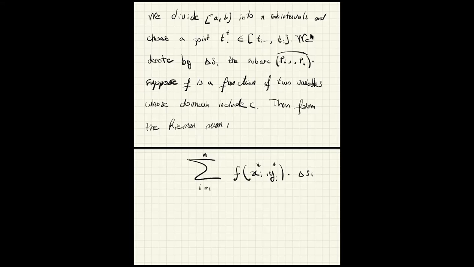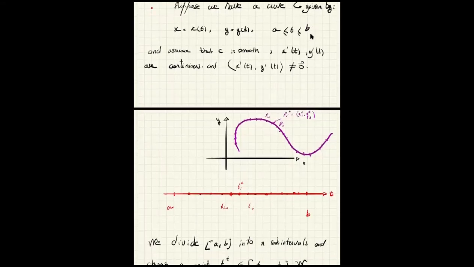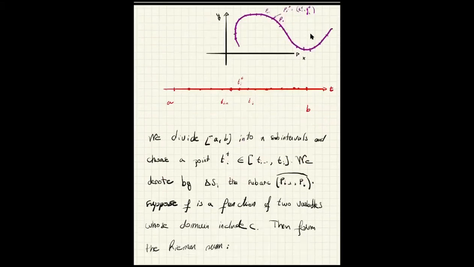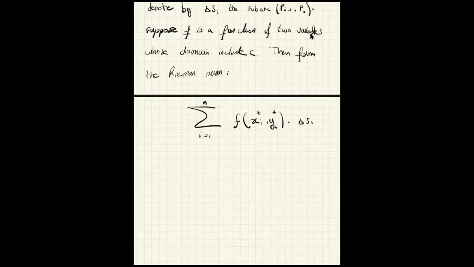Now, be careful that this is not really the Riemann sum that we introduced in the beginning of the class, because we had x_i, y_j. Here the terms are only labeled by one index, i.